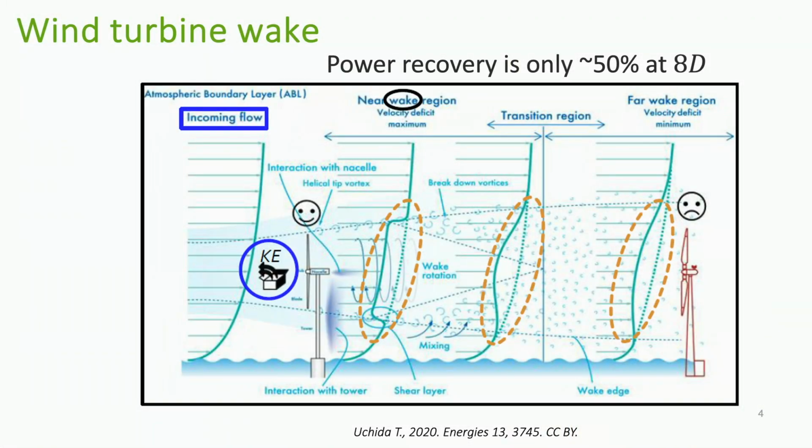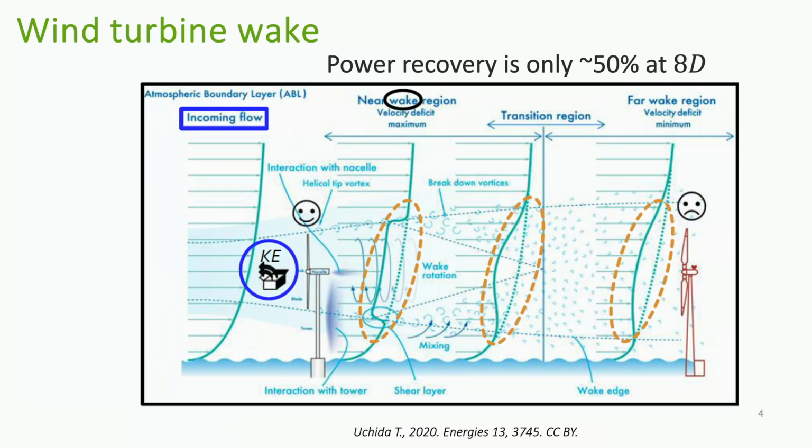Now let's take a closer look at what happens to the airflow after it passes through the rotor. As you can see, in the wake region, the wind speed is significantly reduced. Over distance, this slower flow gradually recovers toward the free stream velocity, a process known as wake recovery.